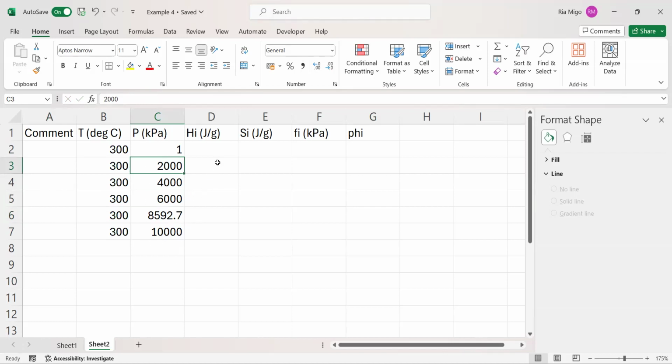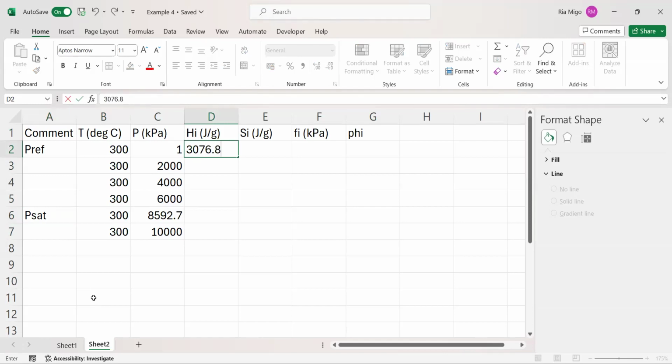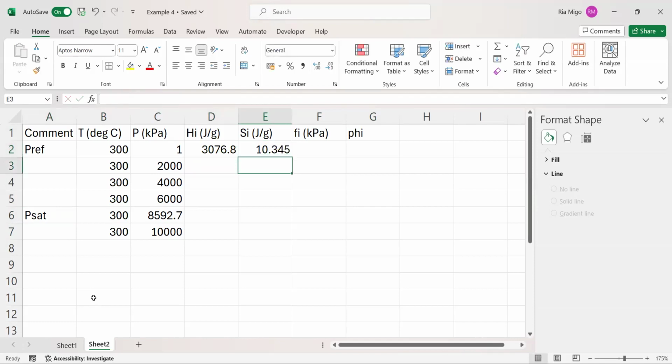But for this problem, let's stick with these 5 or 6 points. Again, this is our reference, Pref. This is our PSAT. So we write the pressures that we obtained. Remember, this is our reference, and we already obtained this via the steam table. So just typing it here.